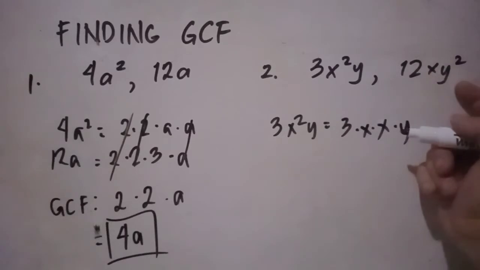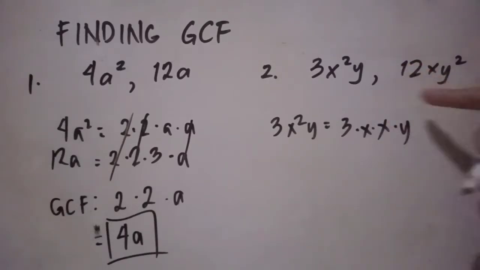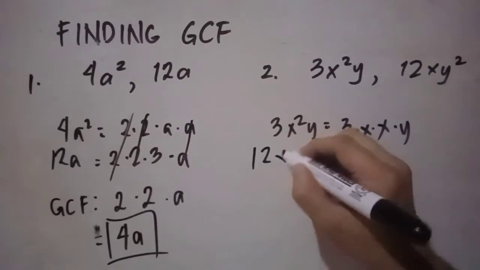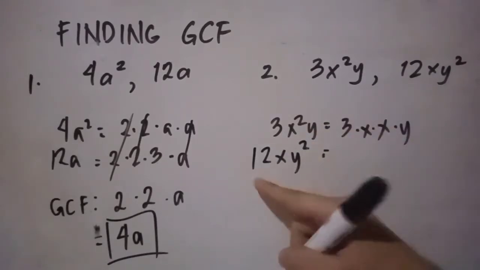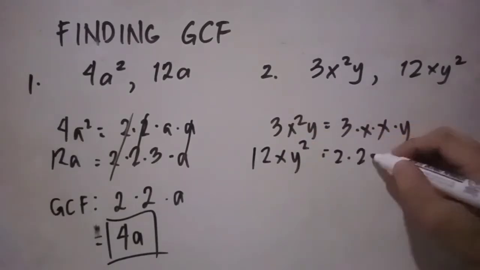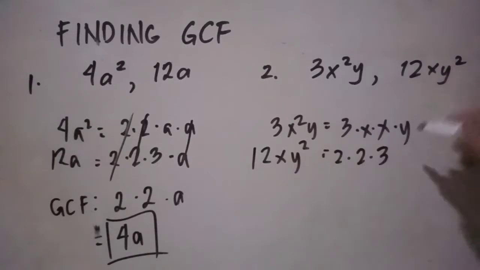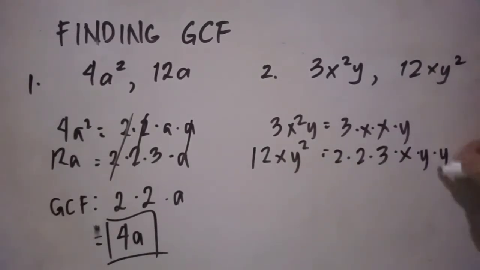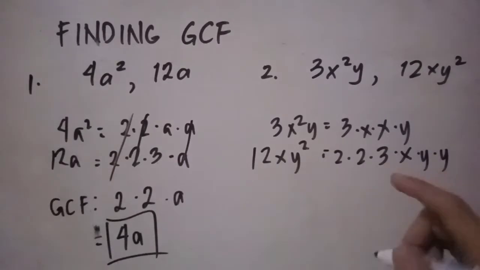Tapos 12xy squared, so 12 is 4 times 3 but 4 is 2 times 2, so 12xy squared is 2 times 2 times 3, and then isang x at saka y squared, so dalawang y. So ayan na po yung factors niya.